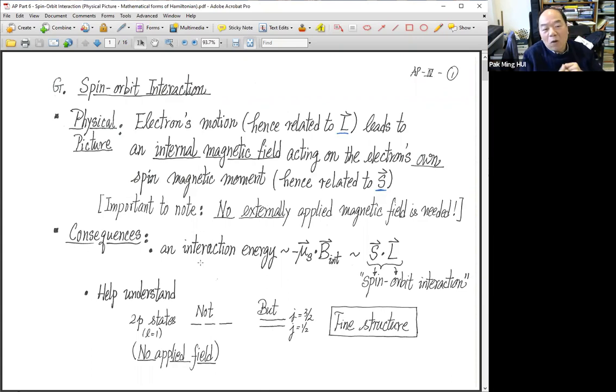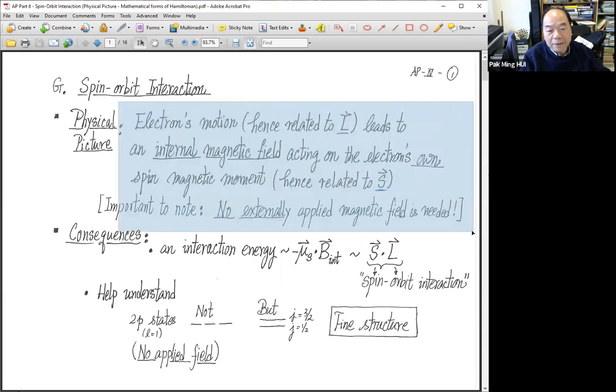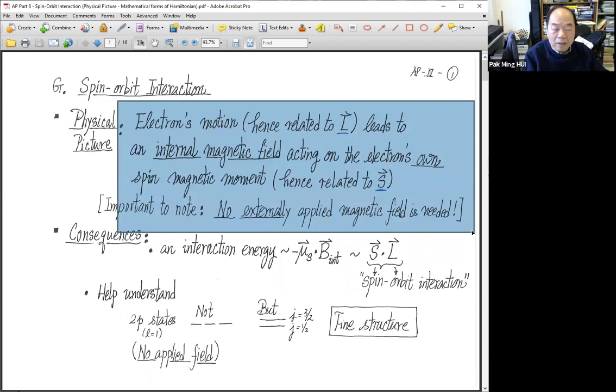So what is spin-orbit interaction? The whole picture, very simple, is here, okay? Be very sure. It is about the electron's motion generating a magnetic field acting on the same electron's spin, okay?